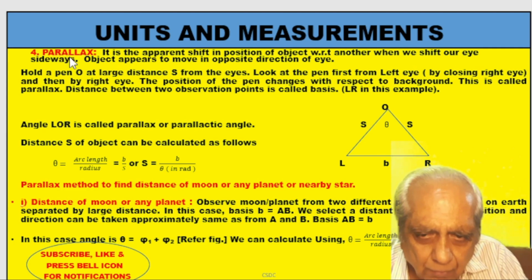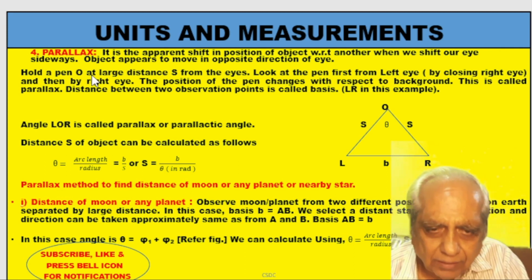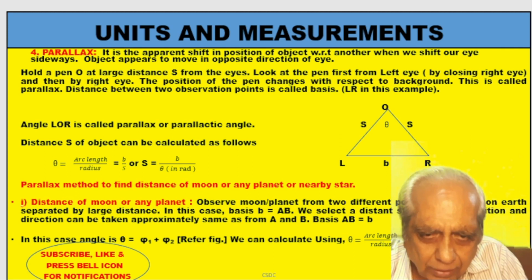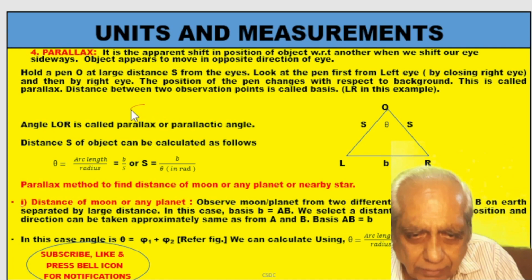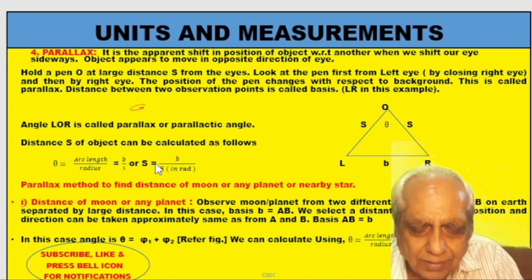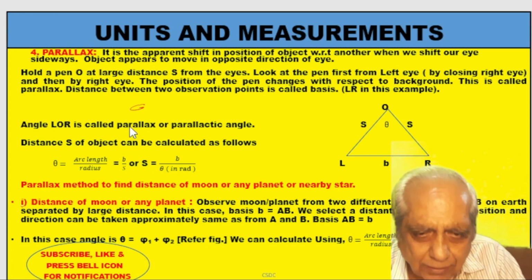In case you have an object, you place that object at a very far distance from you, then you observe from the left eye by closing the right eye, then you see from the right eye by closing the left eye. You will see that the object as seen by you changes with respect to the background.